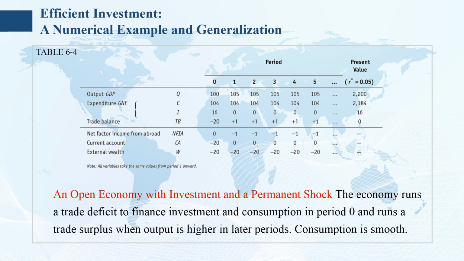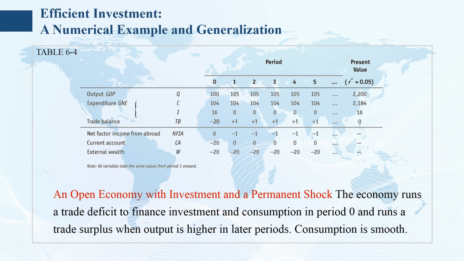In all future years, consumption C is 104, and because there is no subsequent investment, GNE is also 104. Output Q is 105, and the trade balance is plus 1. The initial trade deficit of 20 in year 0 results in an external debt of 20.